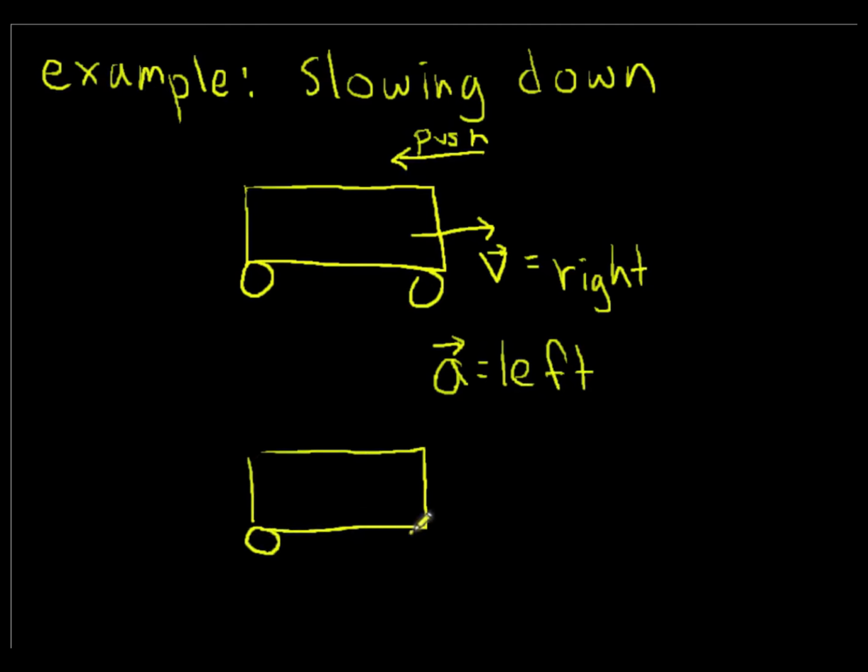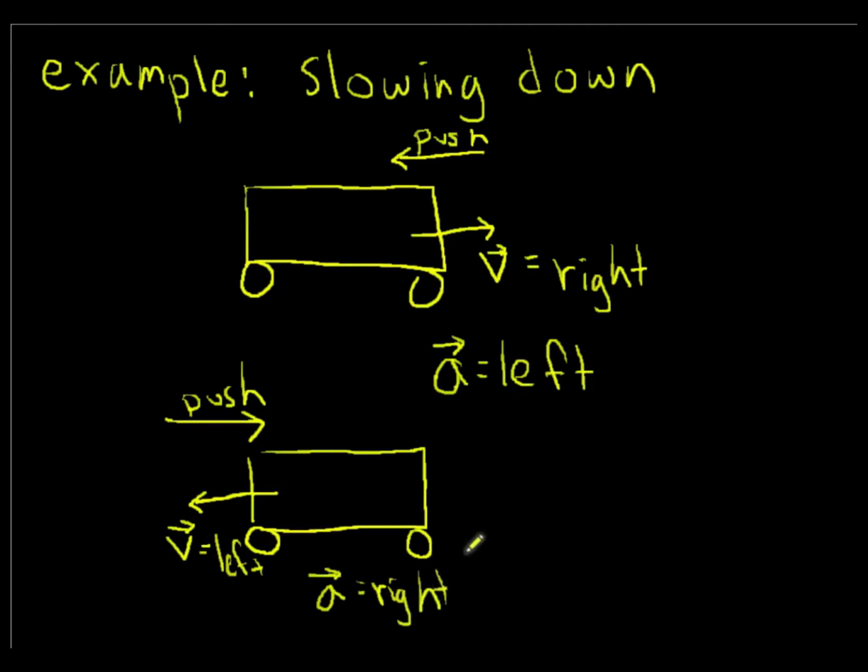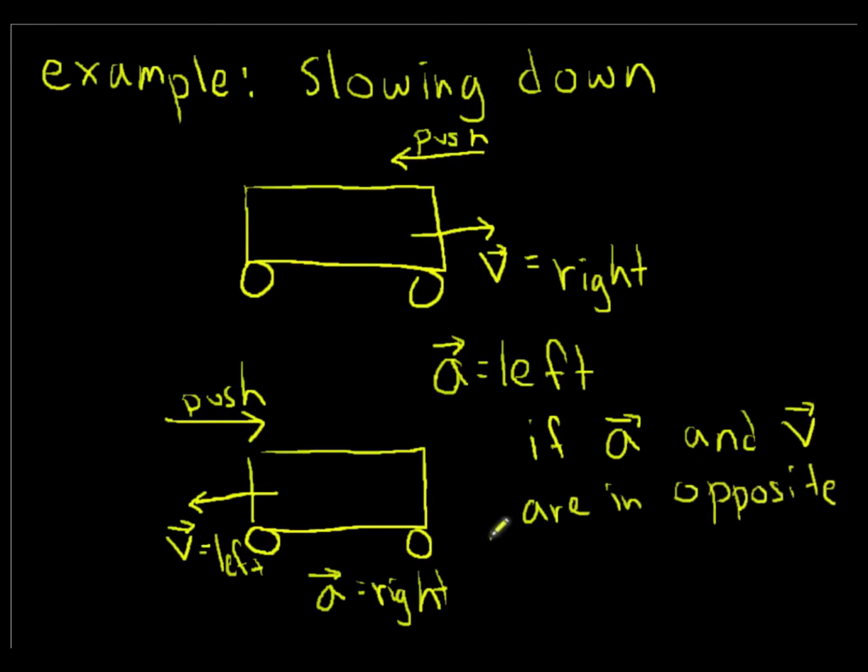Or, if you have a car that's traveling with a velocity to the left, you would need to push it against its speed to get it to slow down. So the acceleration is to the right. If the acceleration and the velocity of an object are in opposite directions, the object is slowing down.